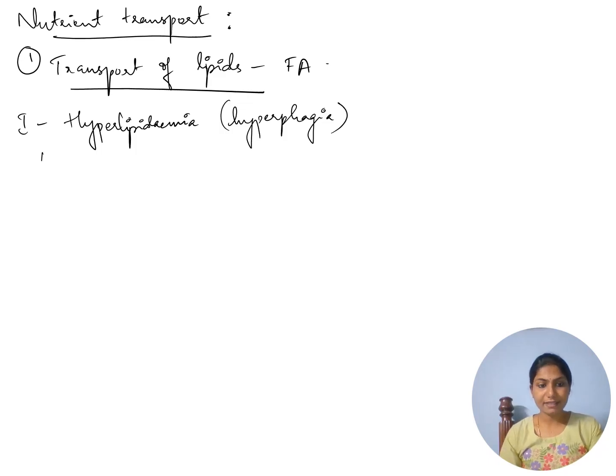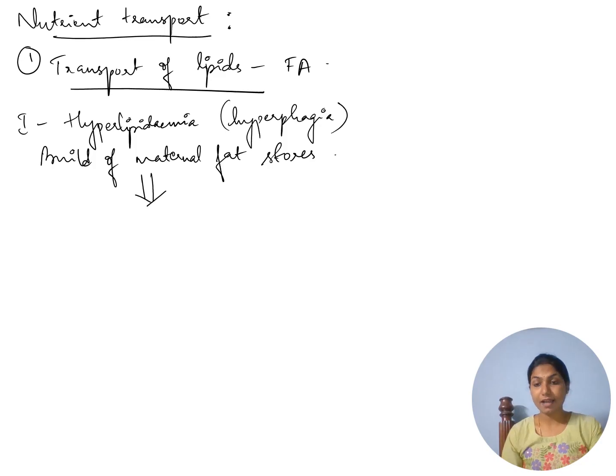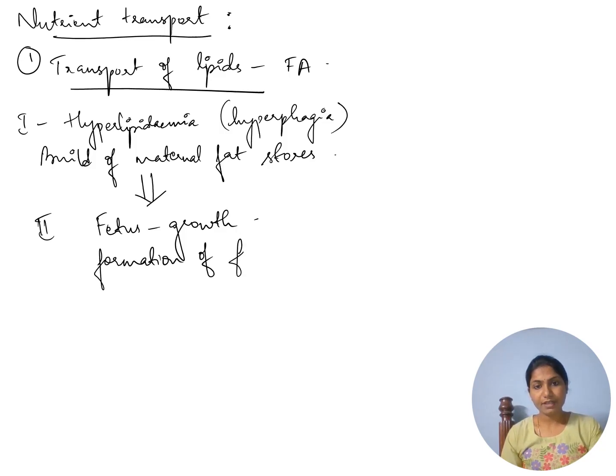So what happens? There is a buildup of maternal fat stores, which occurs in the first half of the pregnancy. These fats are available for the fetus in the second half of the pregnancy. This is very important for the fetus for its growth and even the formation of fetal fat stores.